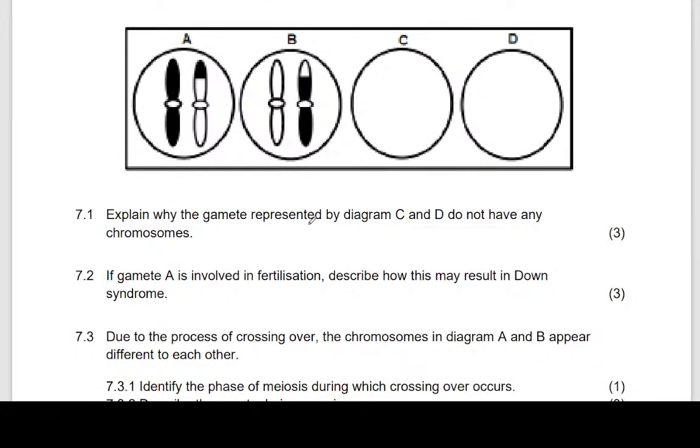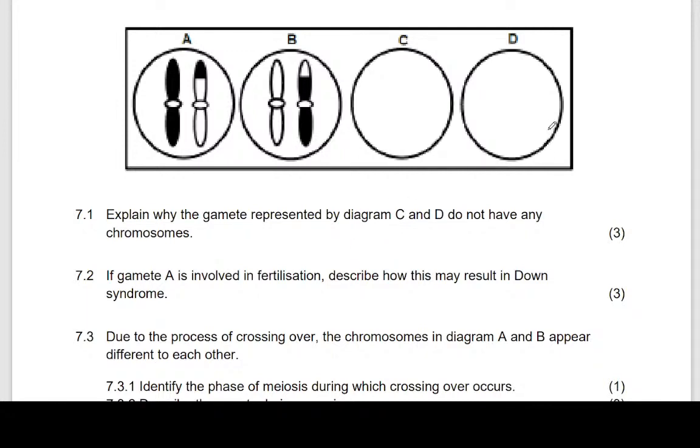Explain why the gametes represented by C and D do not have any chromosomes. So what happened? Non-disjunction occurred. When did it occur? In anaphase.